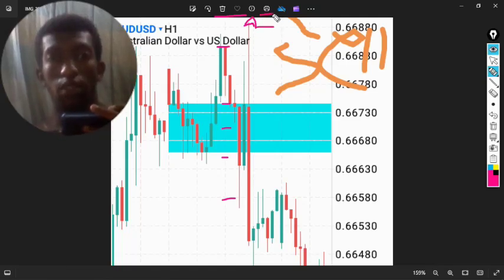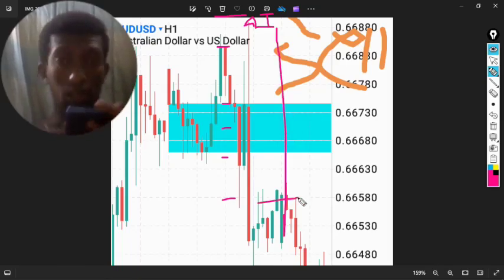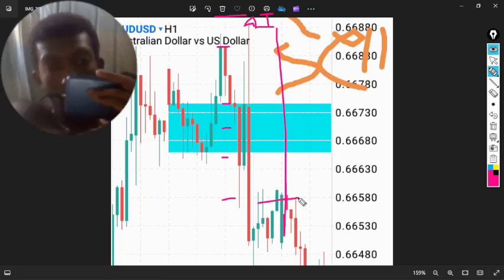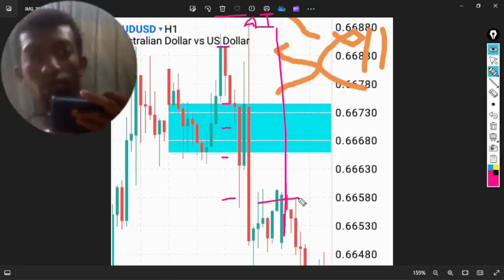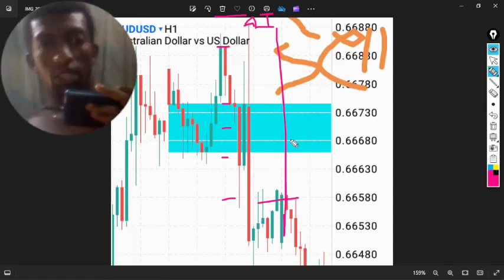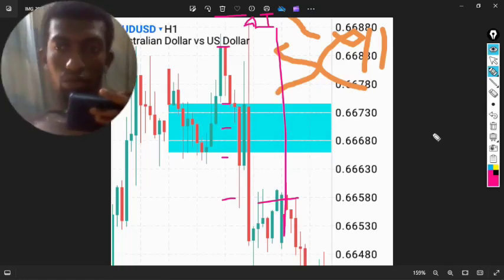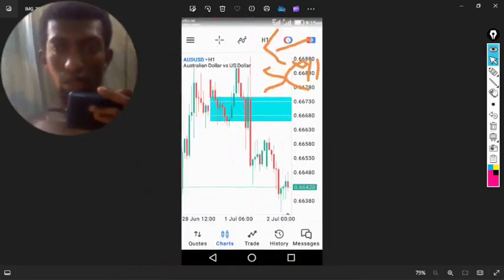Your stop loss is up there, and your target is down there. That's crazy, isn't it? So that would have been amazing. This could be some kind of news or something.